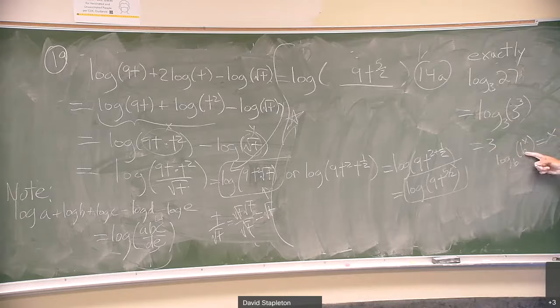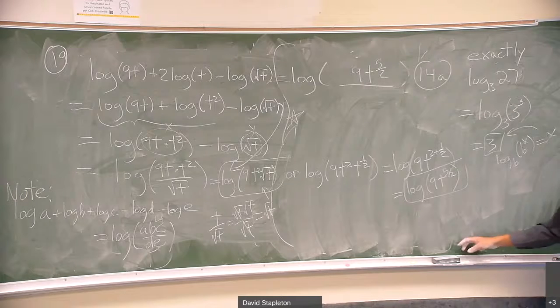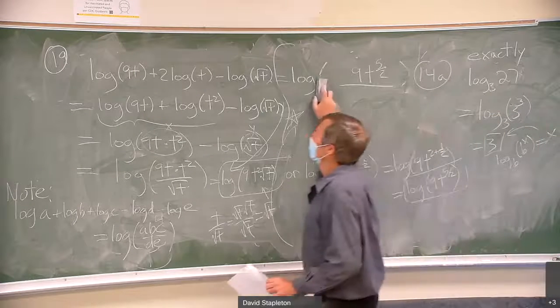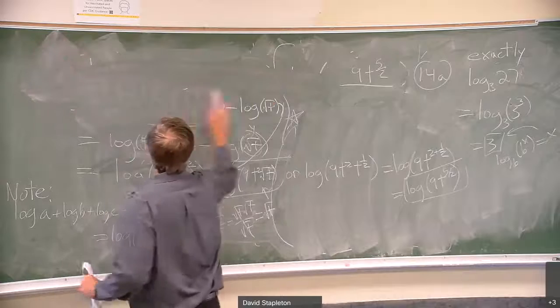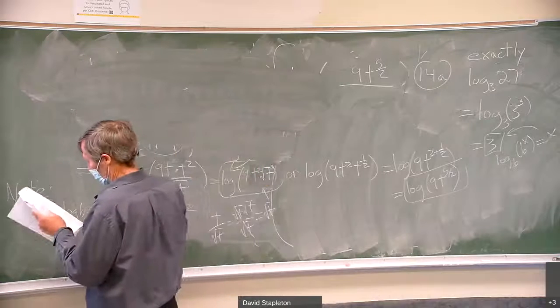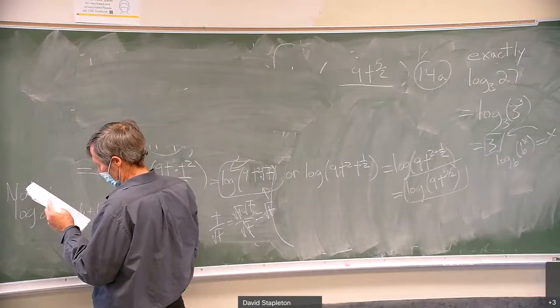Log base b undoes that exponential base b and just gives you x back. So there's that one, logarithm property there. Or you can pull the exponent down. Log base 3 of 3 is 1 too. So practice those and do some similar ones out of the homework.